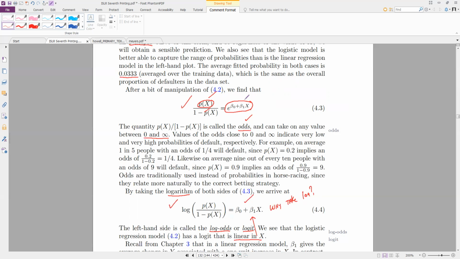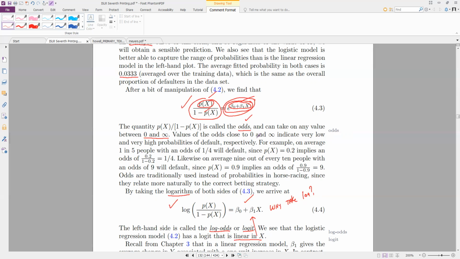So what we need to see is how we are actually getting this idea up here, and why we are exponentiating it. Well, it's the odds on this side, equal to the exponentiated logit, and the odds take on any value between 0 and infinity.